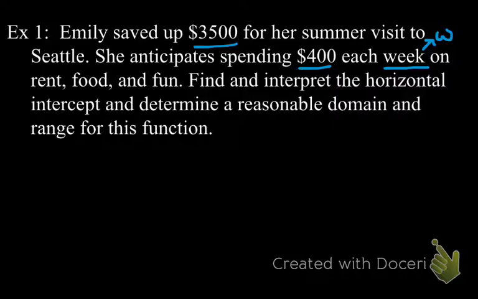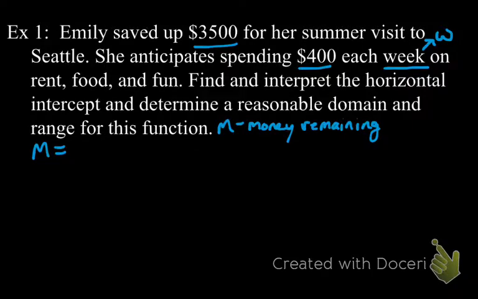Since they gave us that value at the beginning, chances are they're more interested in how much money she has left. So let's let M equal the amount of money remaining. Okay, so the amount of money remaining is M.